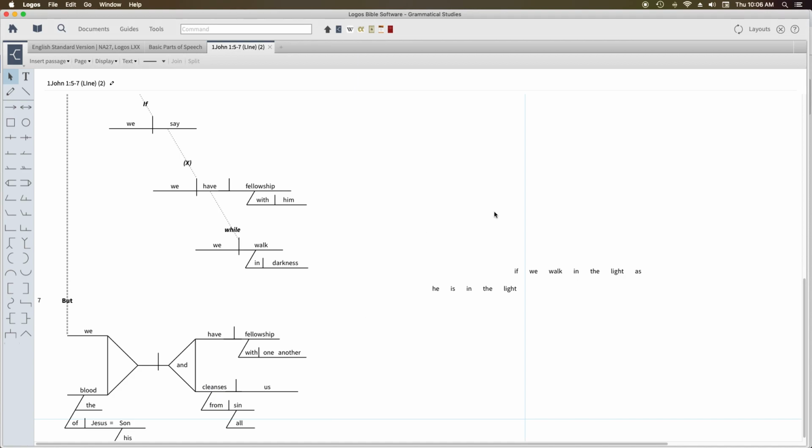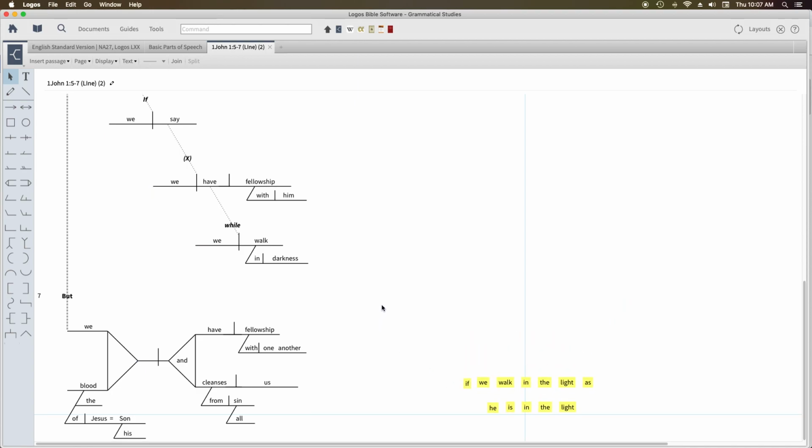So now all we have left is the first part of the conditional here. What I want to do is take this part next, and remember we're going to do it the exact same way as we did before. It's going to work off of these two subjects and two verbs.